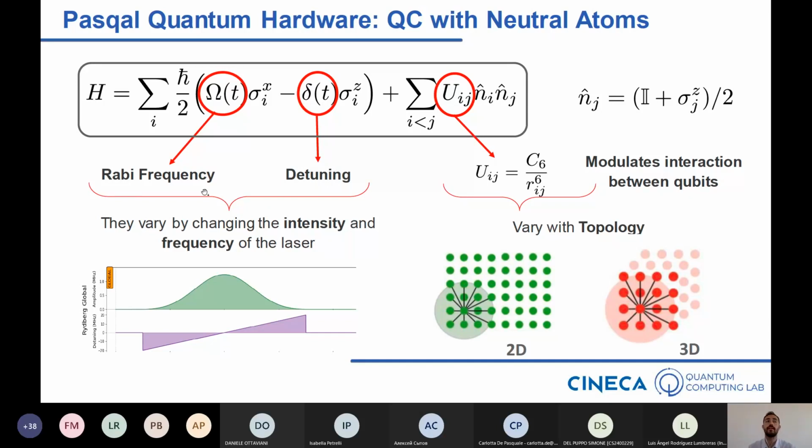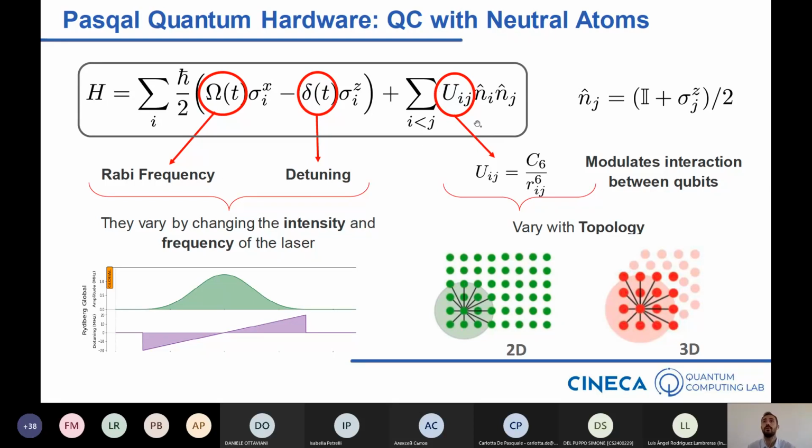As I told you, the Rabi frequency is proportional to the intensity, and the detuning is basically the difference between the atomic frequency of the transition between the ground state and the Rydberg state, and the frequency of the laser. What about this third term?